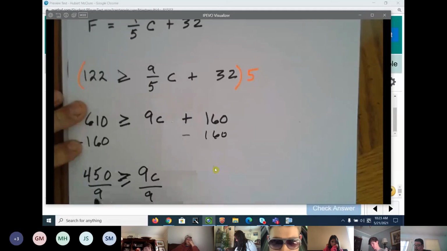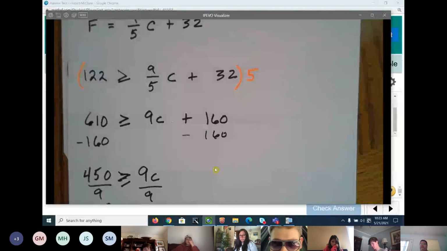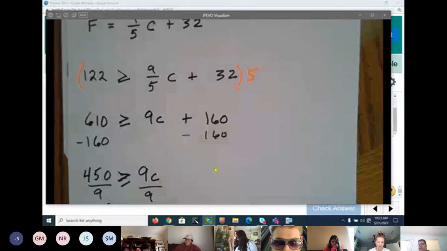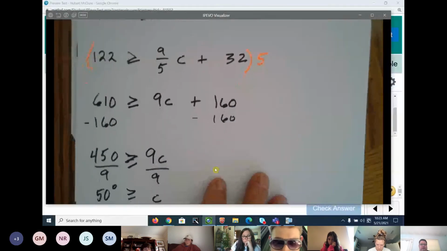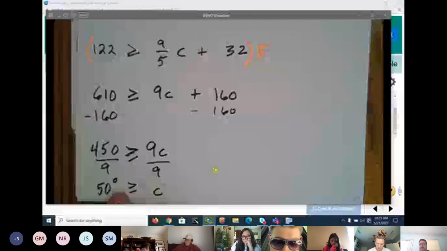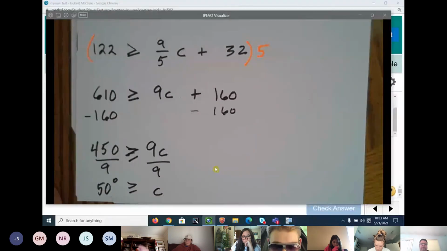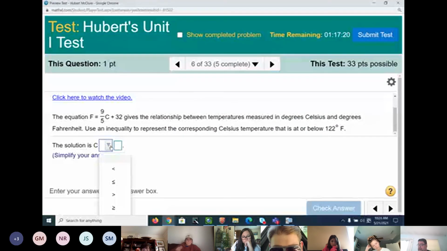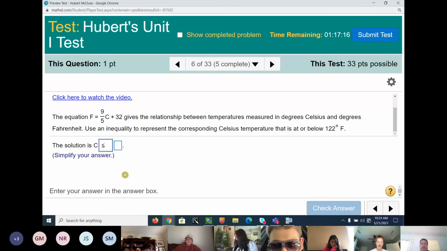C is less than or equal to 50 degrees Celsius. So 50 degrees Celsius is equal to 122, but they're wanting to know below, so anything below 50 degrees or equal to 50 degrees. So C is less than or equal to 50. That should be close to it.